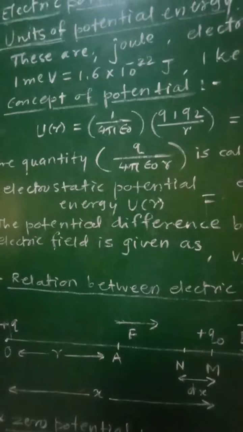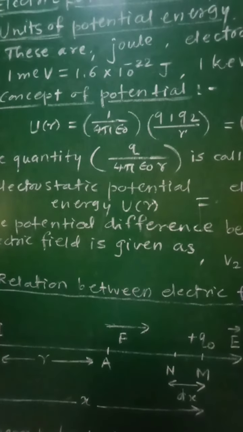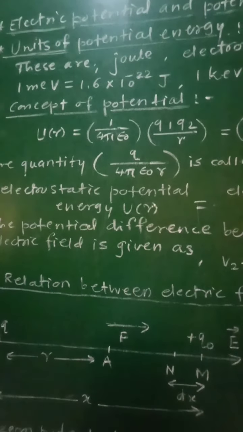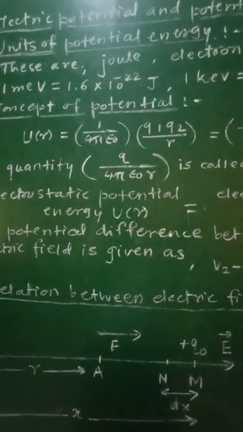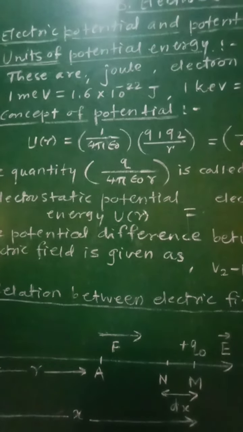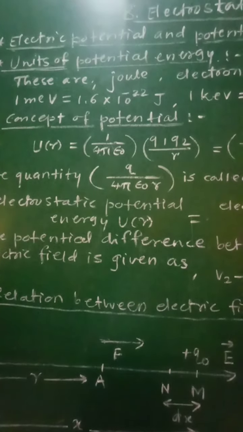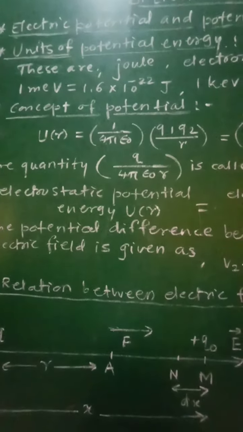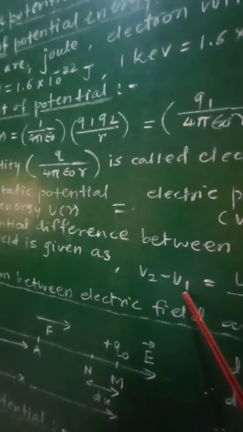if we consider the electrostatic potential difference between any two points in an electric field, it is given as phi2 minus phi1.